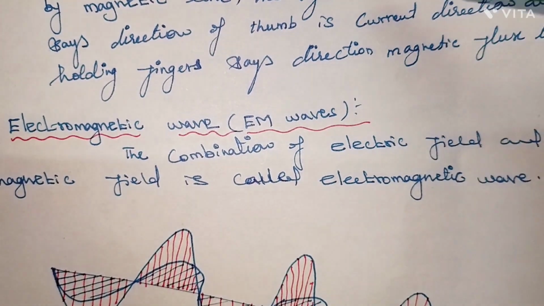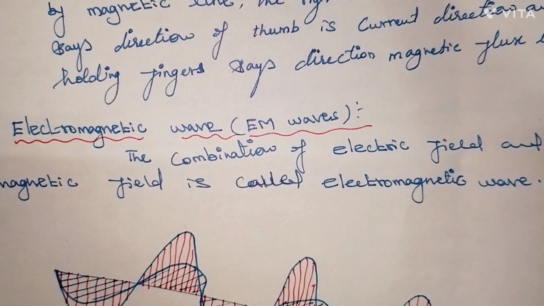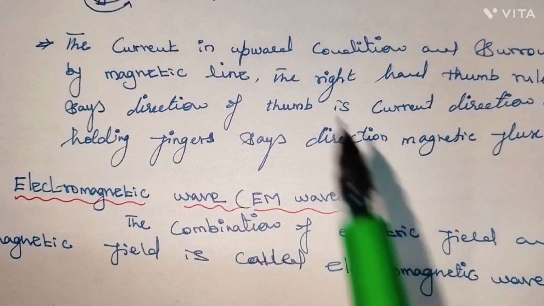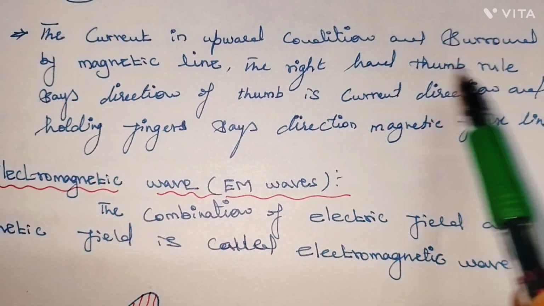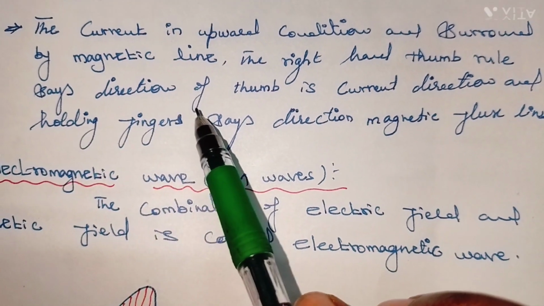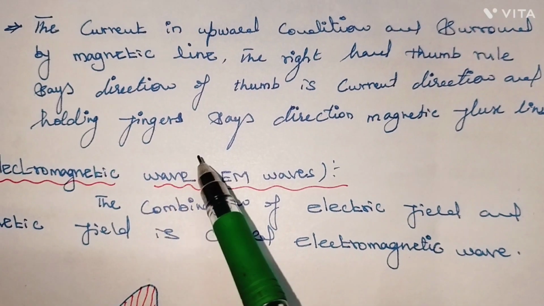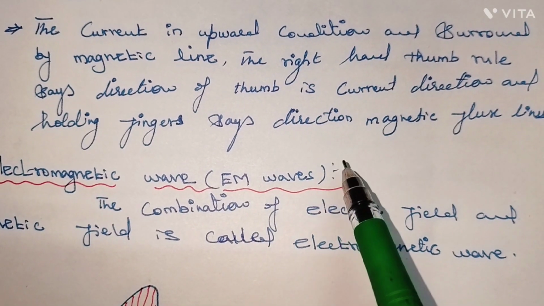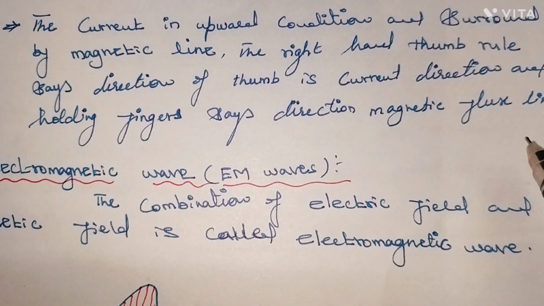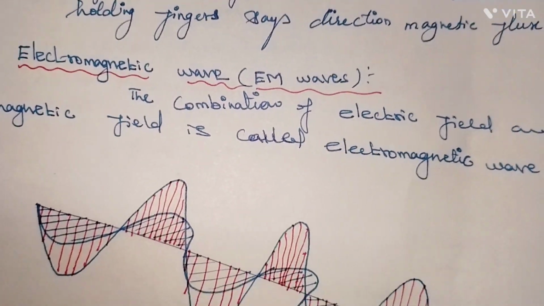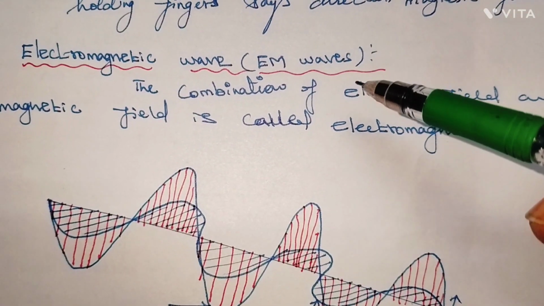The current in the upward direction is surrounded by the magnetic lines. So the right hand thumb rule says the direction of the thumb is the current direction, and the holding fingers show the direction of the magnetic flux lines.